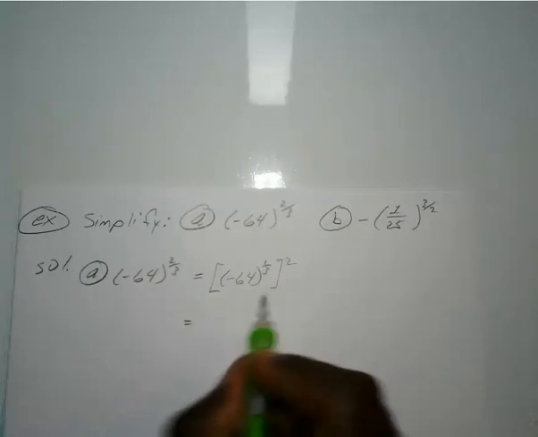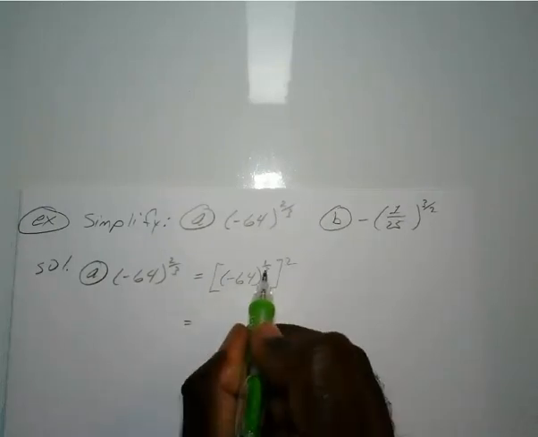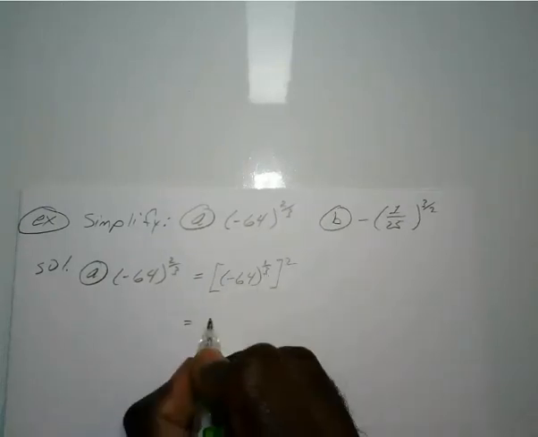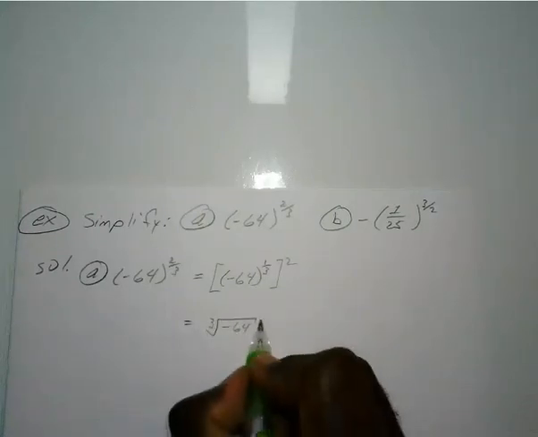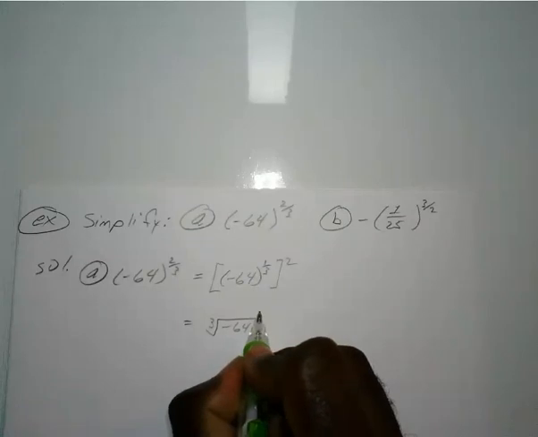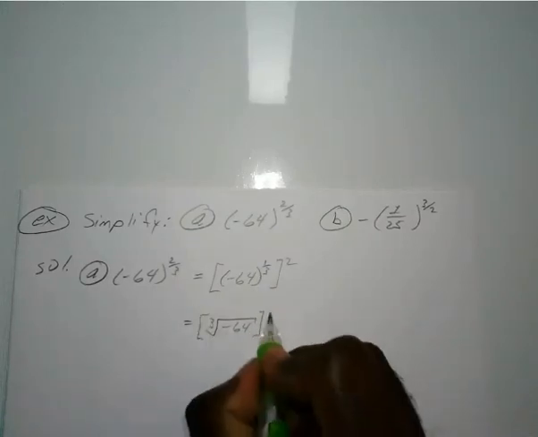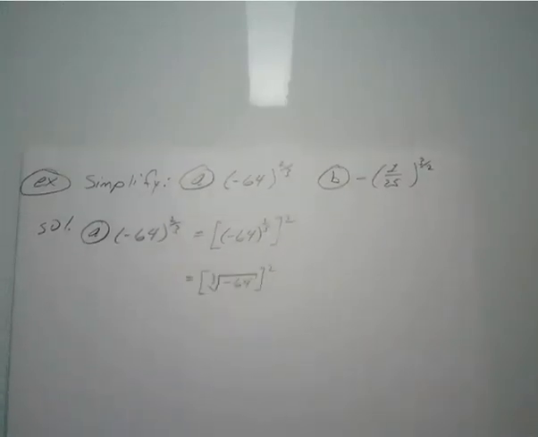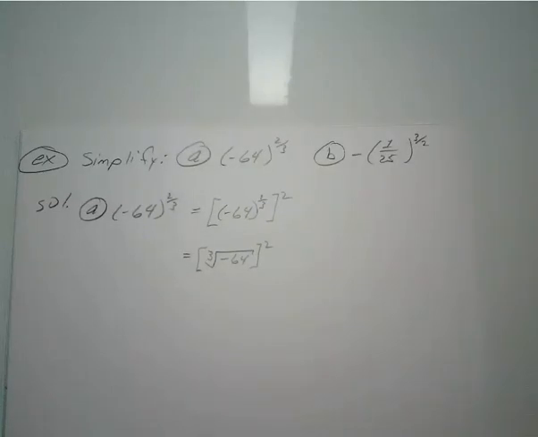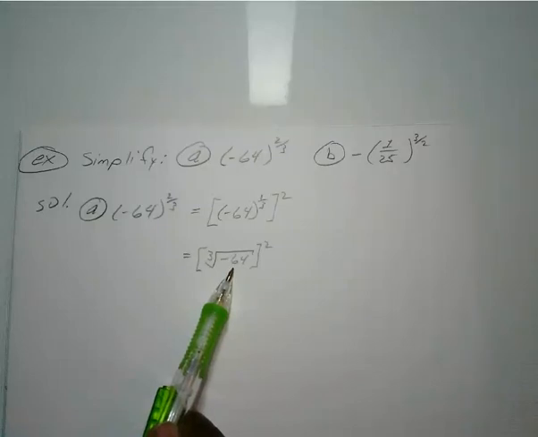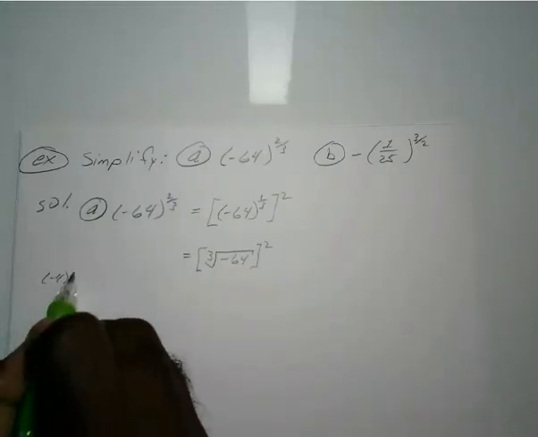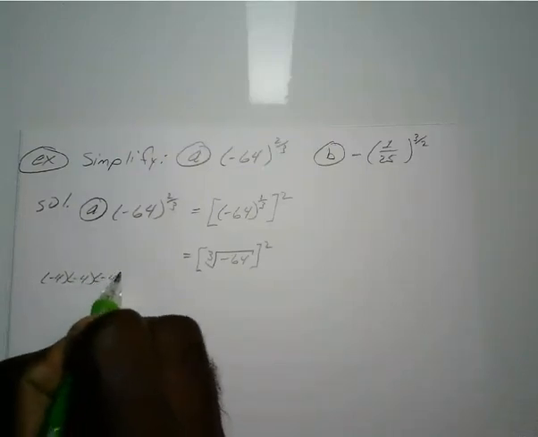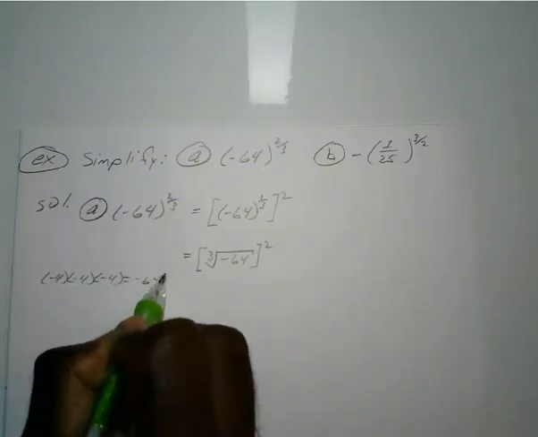Okay, so this gives us negative 64 to the 1/3 power. That gives us the cube root of negative 64 if you wanted to write it as a radical. And we still have that squared. Now remember, this is an odd index, so this can be negative. So really all we have to do is remember that negative 4 times negative 4 times negative 4 equals negative 64.